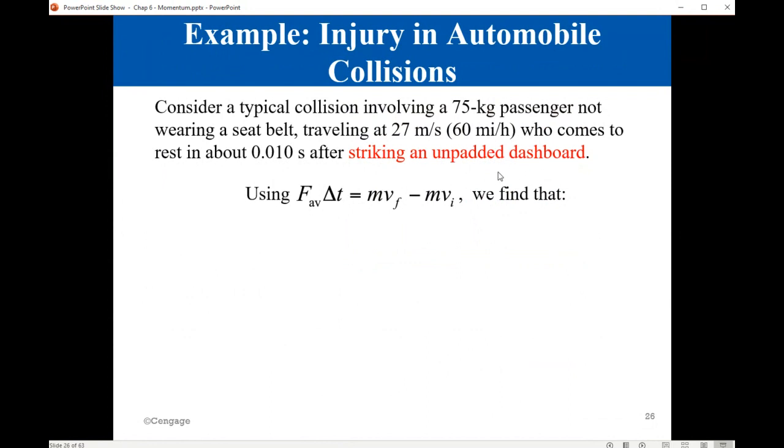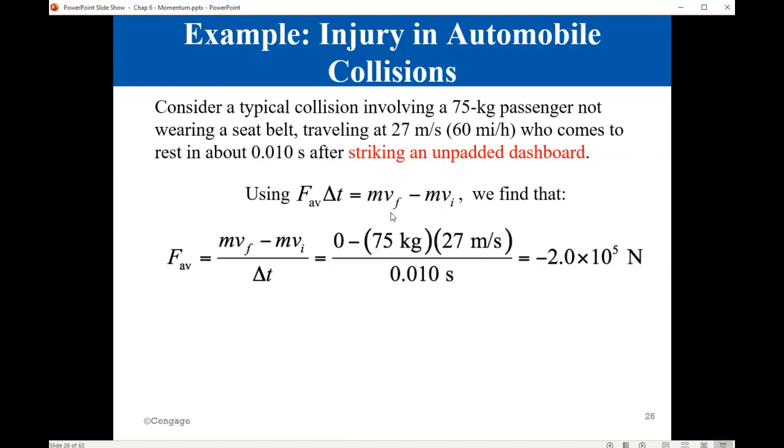So now we can do some estimates with these typical values for the mass, the action time, and the velocity. The impulse equals F average delta T. It can be calculated from the change in the momentum, mv final minus mv initial.